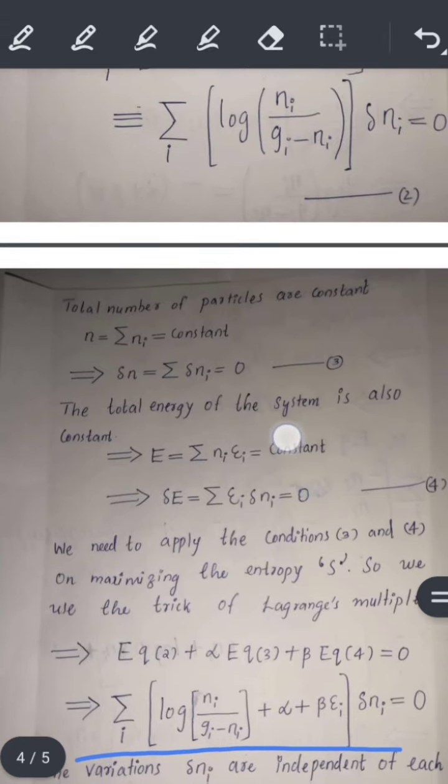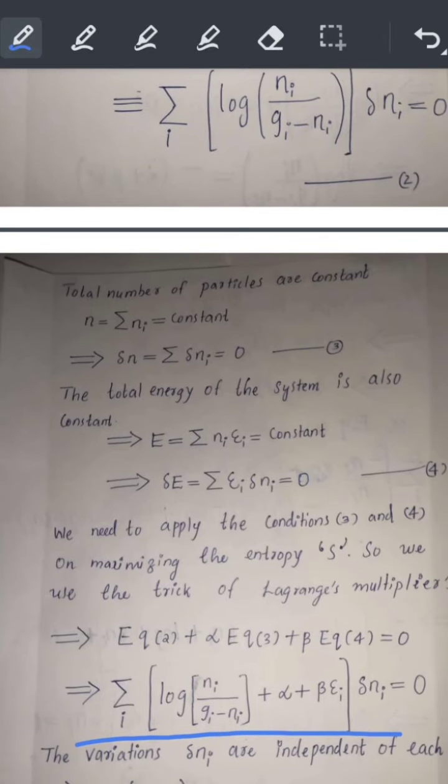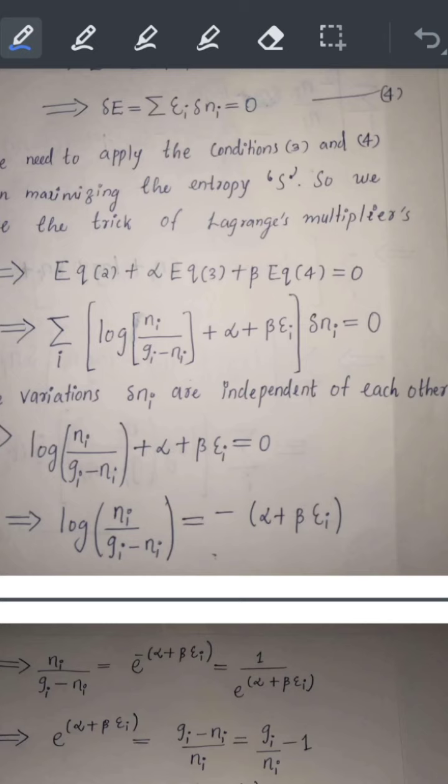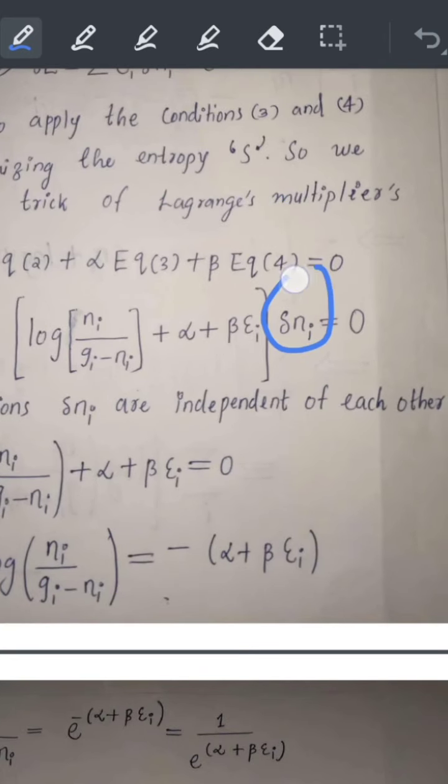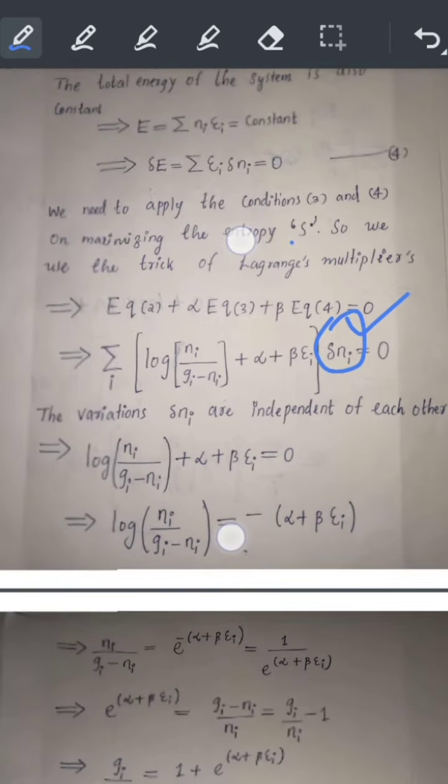Look at here: log of ni over gi minus ni is here, and this alpha with delta ni comes in common, and beta times ei here, and this delta ni comes in common. And in general, this delta ni may or may not be equal to 0.